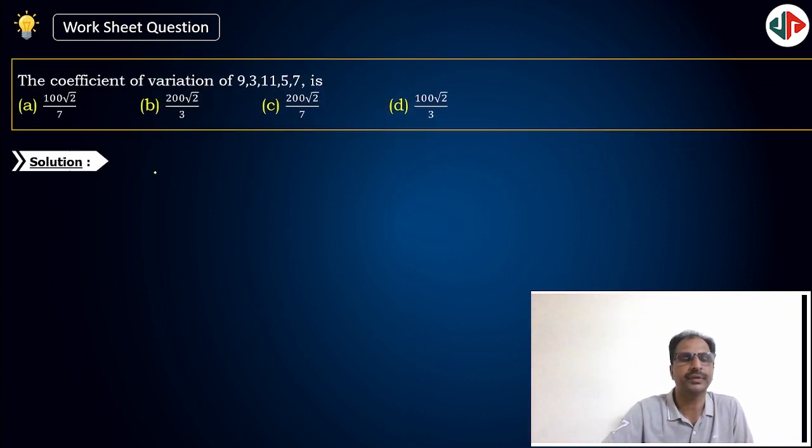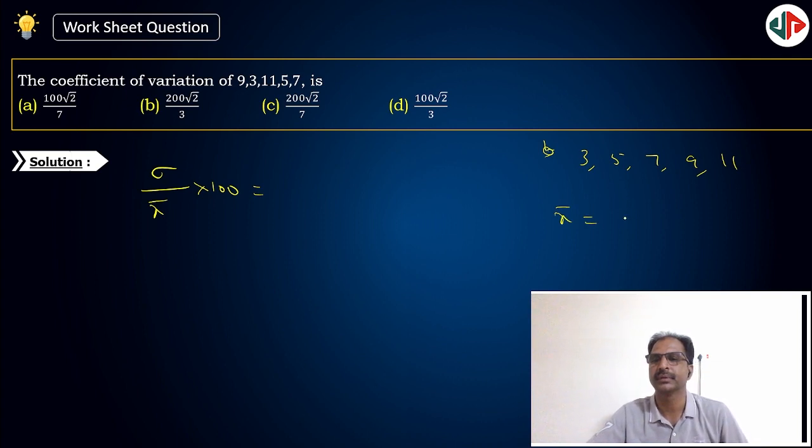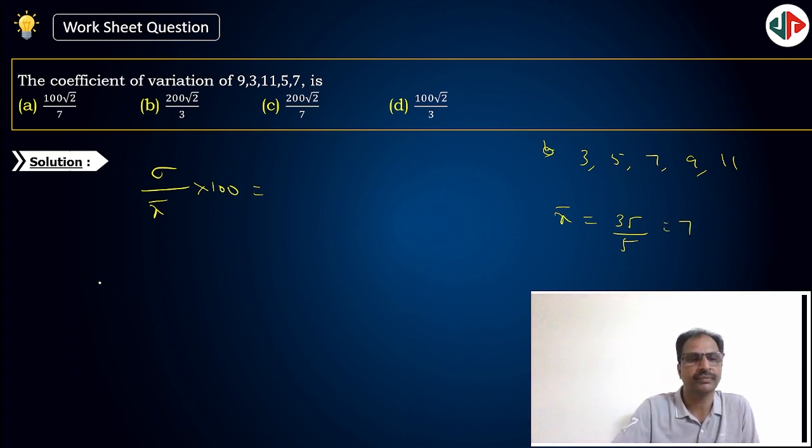Next, coefficient of variation. That is, you have to find sigma by x bar into 100 for 1, sorry, 3, 5, 7, 9, 11. What is x bar for this? 7. What is the formula for standard deviation of natural numbers having common difference d?